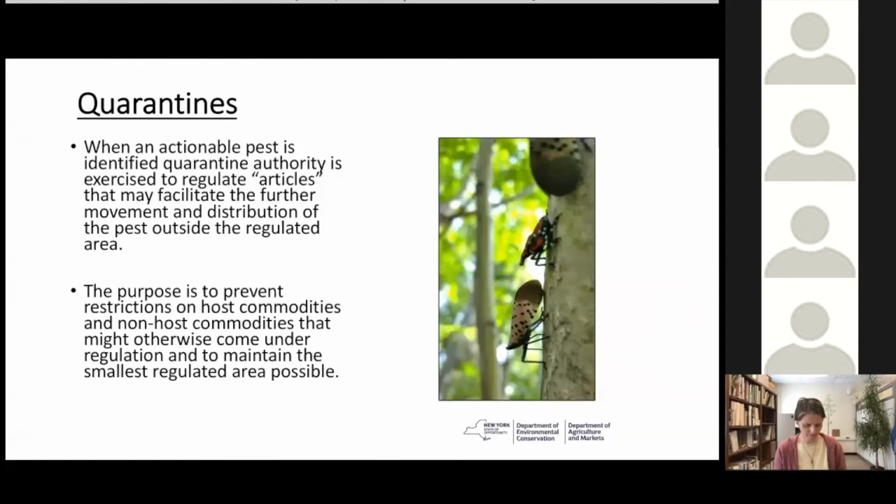And regulated articles are those items that could vector or move a plant pest beyond the boundary of the quarantine. And so by identifying those, we then identify ways in which those articles could be treated so that they're not infested with spotted lanternfly. And as you heard earlier in the presentations by many of the presenters, this is a very difficult task because spotted lanternfly can be found on just about anything.